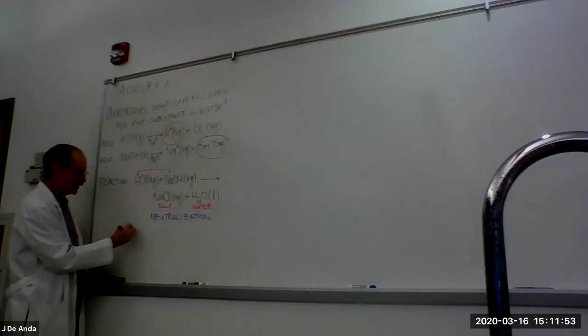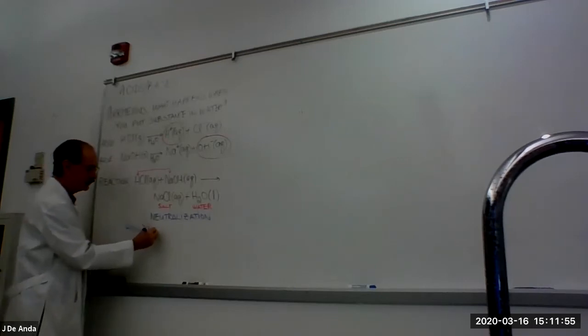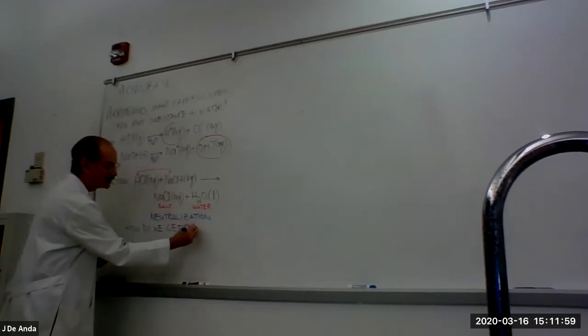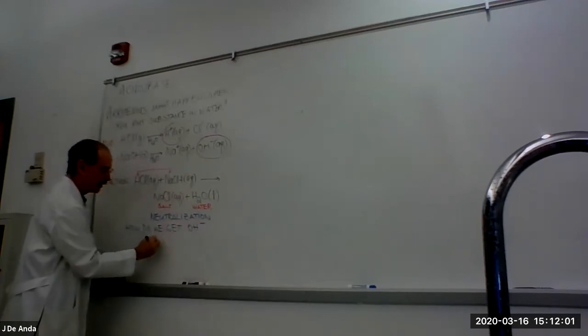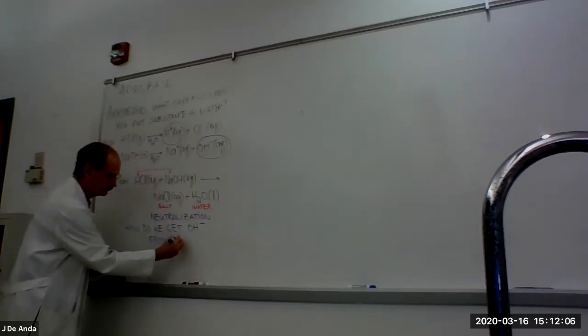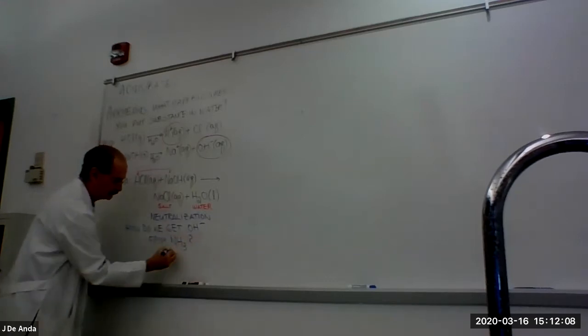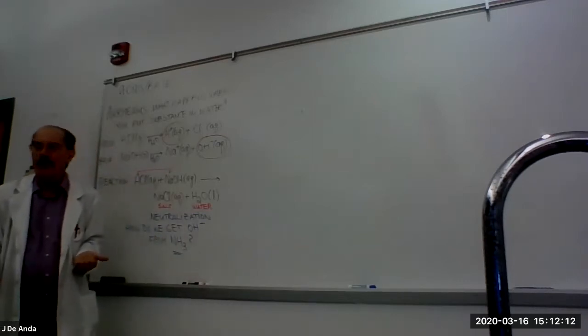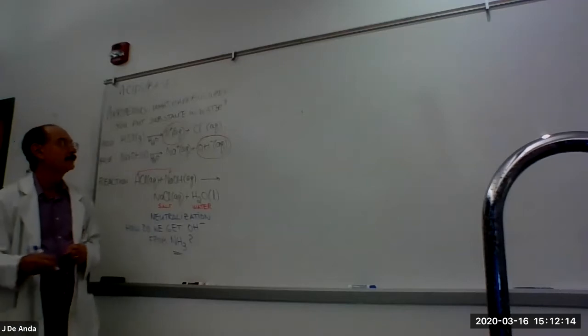And the question would be, how do we get hydroxide ions from ammonia? As you can see, the molecule of ammonia doesn't have any OHs in it. How do you get them?